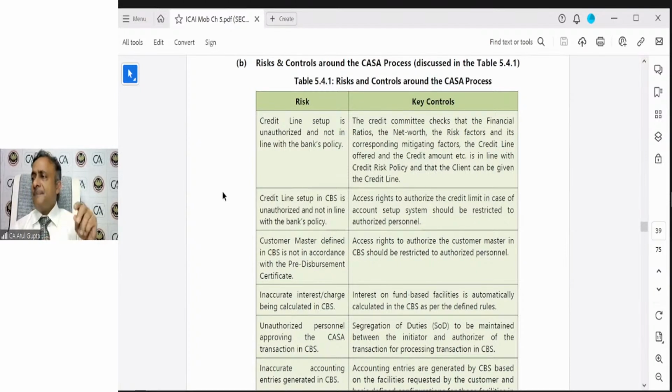Yeah, Ankit, a good question. Ankit's question is what CASA is. CASA covers two categories of accounts. One is called a current account, and the other is called a saving account. If a commercial entity wants to open an account in the name of the commercial entity, that account is called a current account.